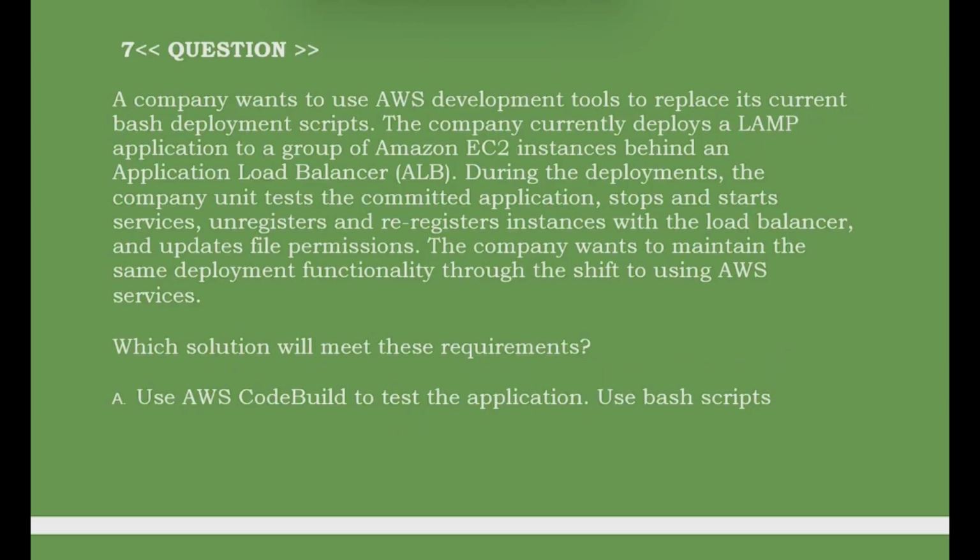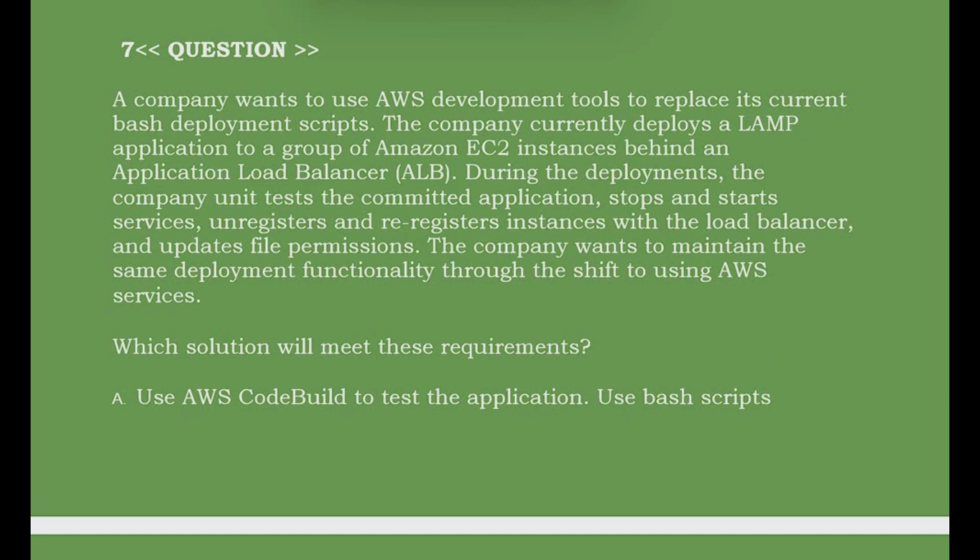Question is, a company wants to use AWS development tools to replace its current bash deployment scripts. The company currently deploys a lab application to a group of Amazon EC2 instances behind an Application Load Balancer, ALB.